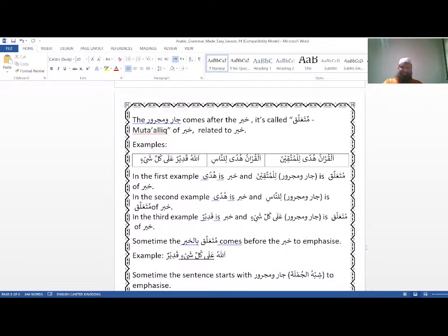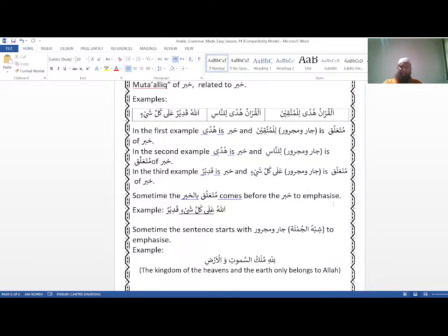Sometimes the sentence starts with a jar majroor, shibhul jumla. Sometimes jumla ismiya starts with shibhul jumla, jar majroor, or the dharf. Why again? To emphasize.